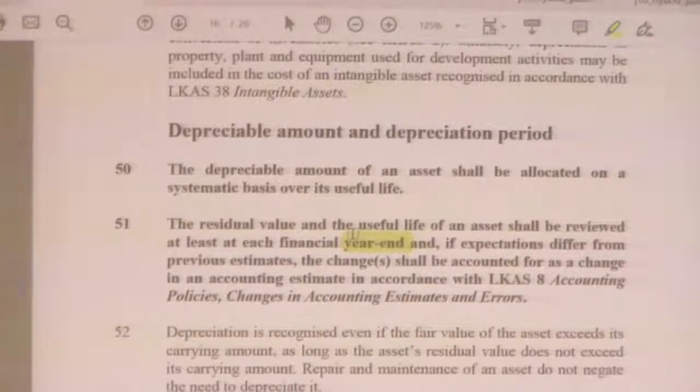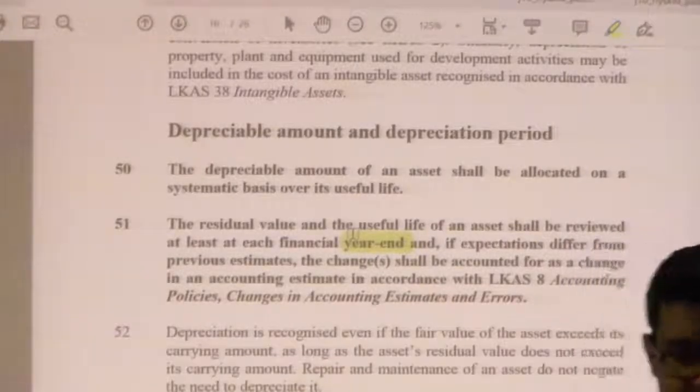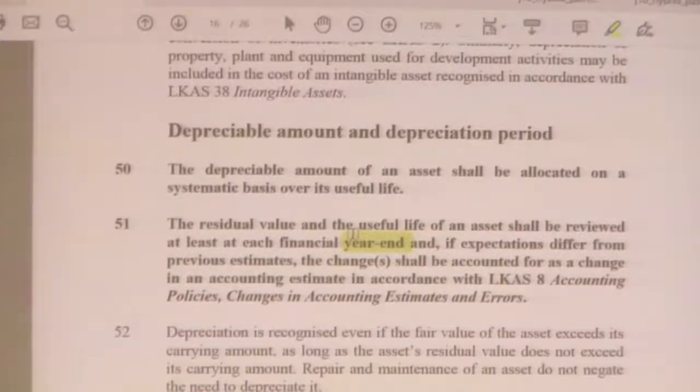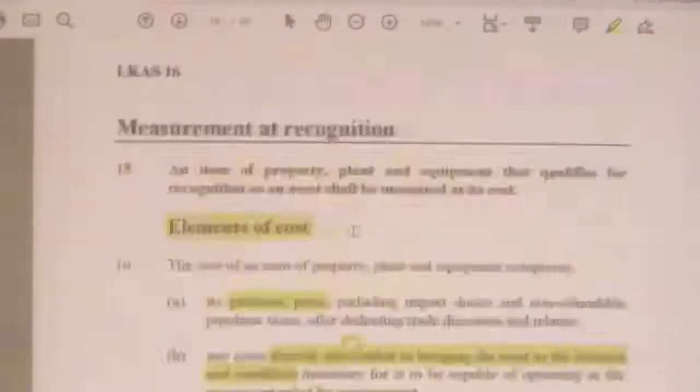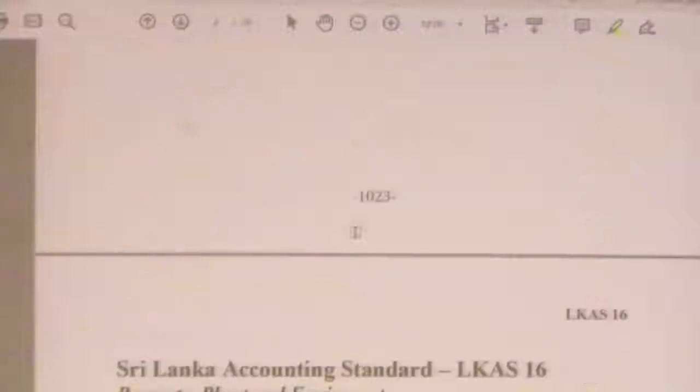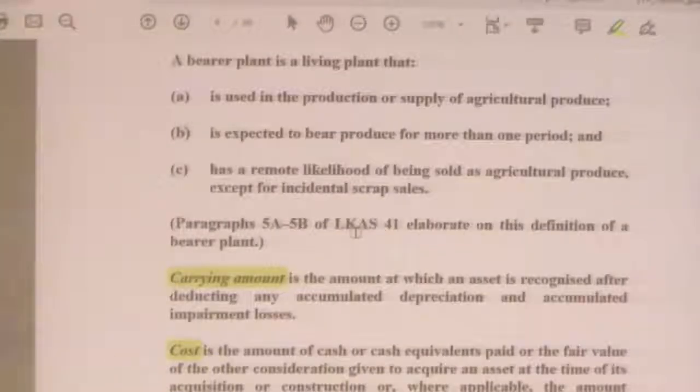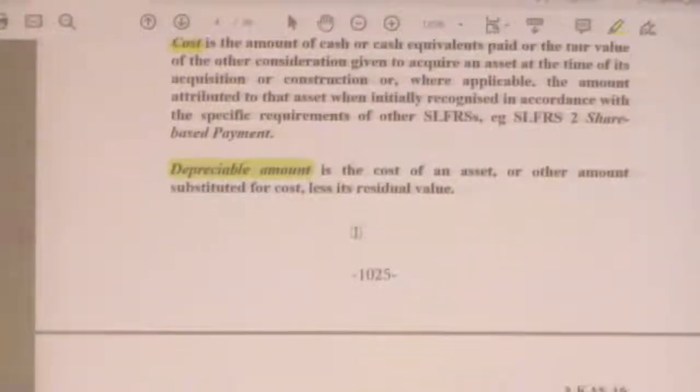The last part I am trying to take is residual value. The standard explains residual value clearly in the paragraph 6 definition, take the definition. So you should understand first what that means, residual value.